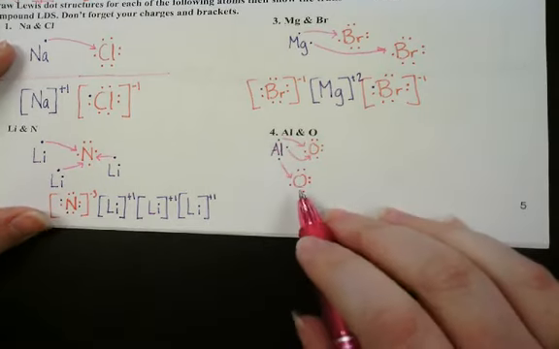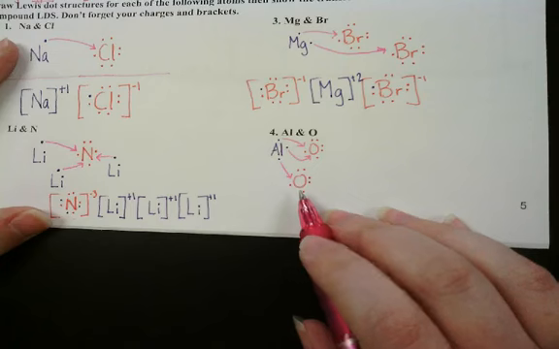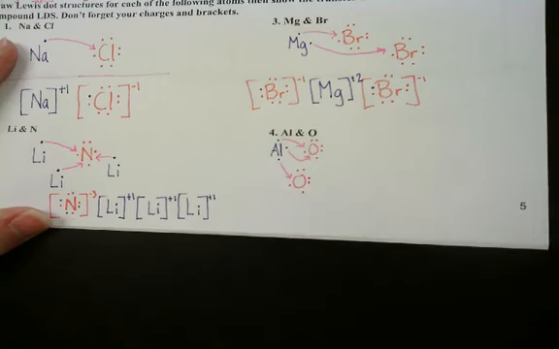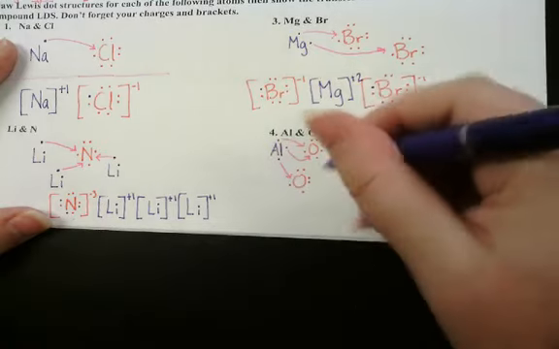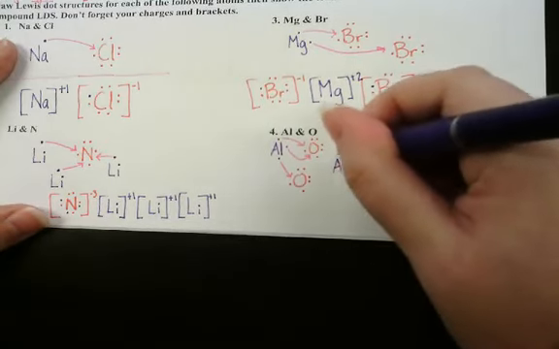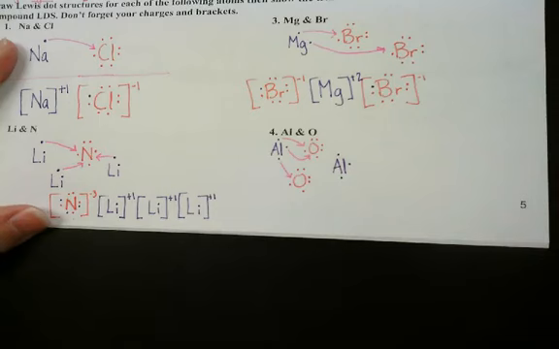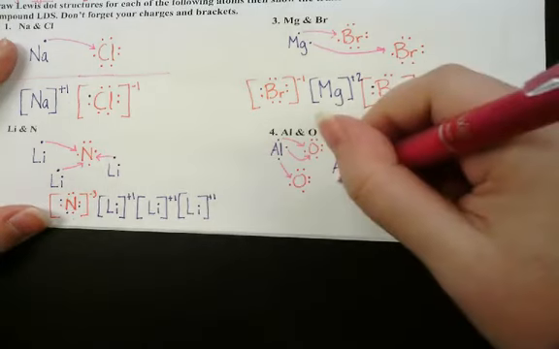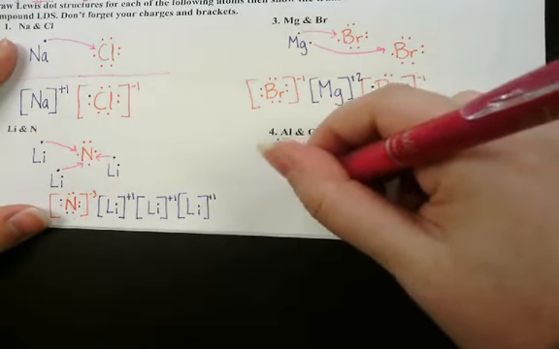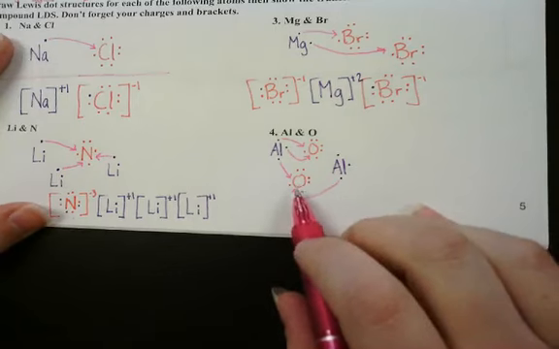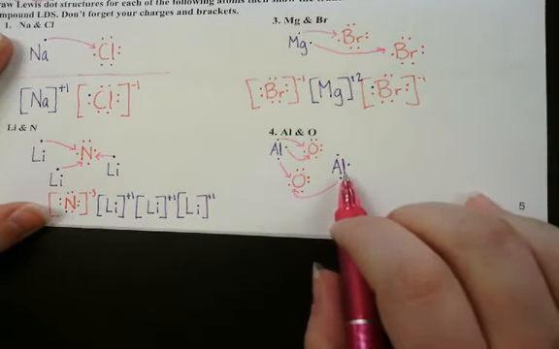Is this oxygen happy? No. It still needs another electron. So what are we going to do? Bring in another aluminum. And so now aluminum can give 1 to this oxygen. So now is this oxygen happy? Yes. Is this aluminum?